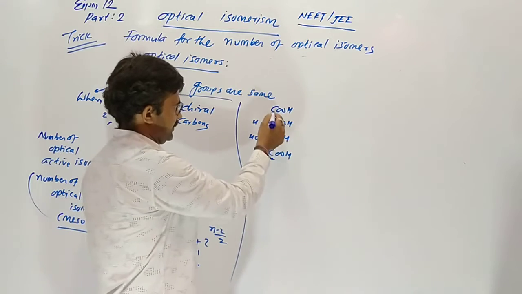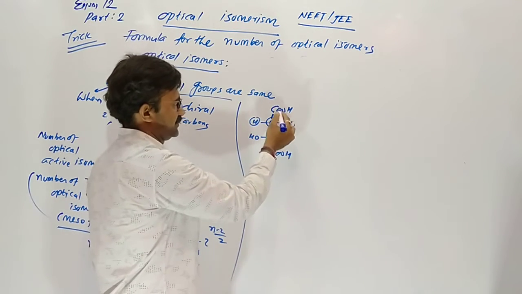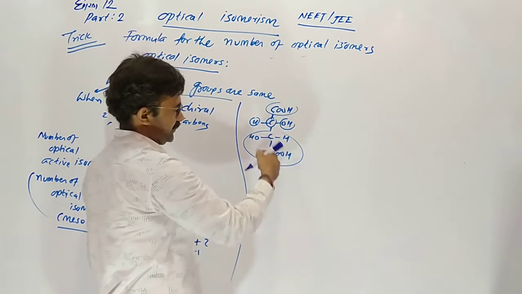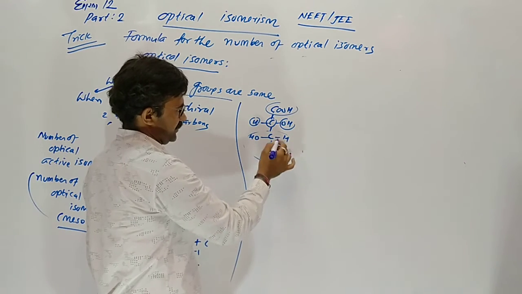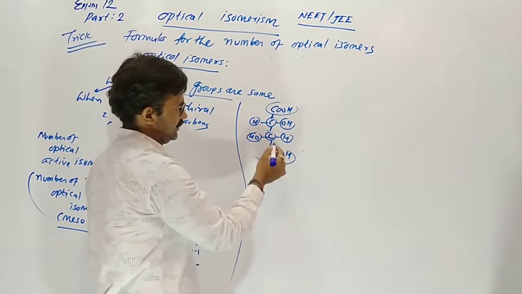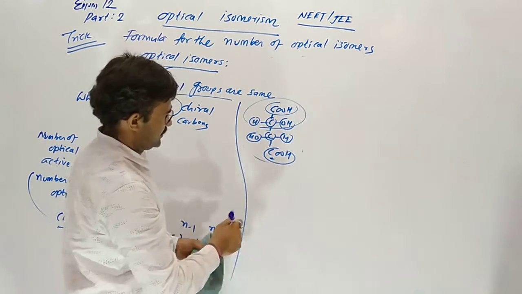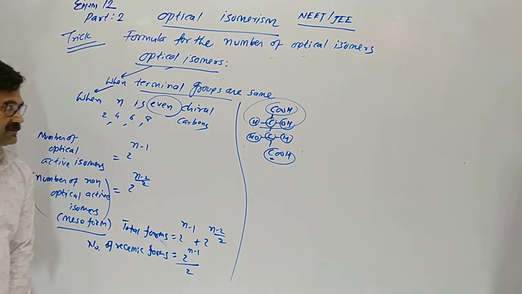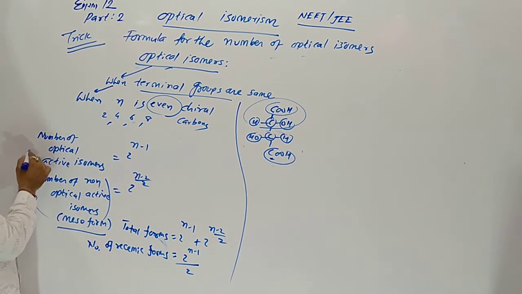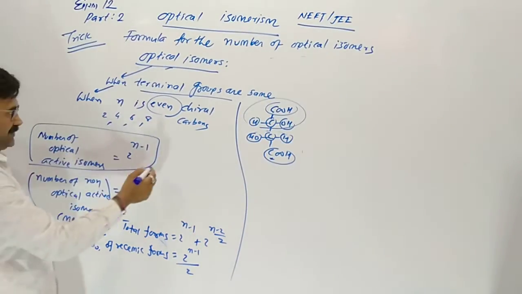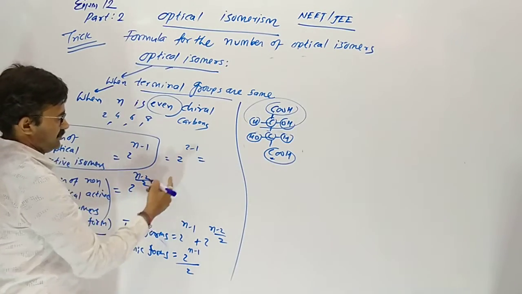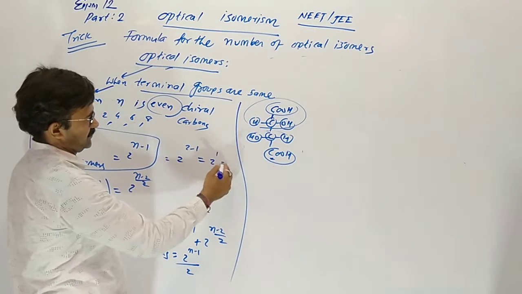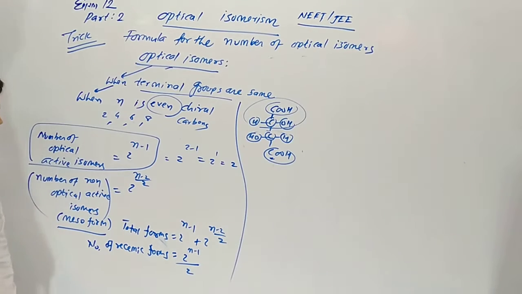This one no, this one no, this one yes: H, OH, COOH, and this part. All the 4 groups are different. What about this one, H, OH, COOH, and the upper part? So there are 2 chiral carbons. So the number of optically active isomers should be 2 raised to 2 minus 1, so 2 raised to 1 means 2.